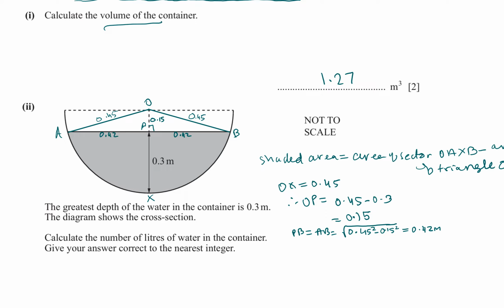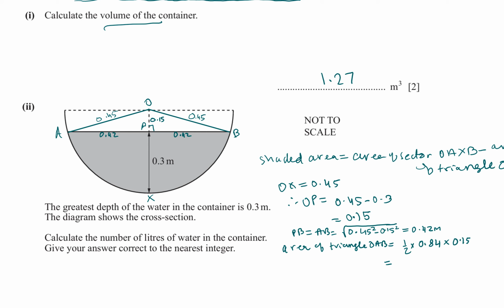Now, I know the area of the triangle OAB. Area of triangle OAB is equal to half times base, so that is 0.42 plus 0.42, so that is 0.84, times the height 0.15.